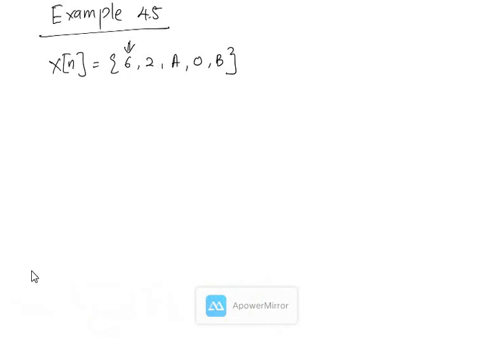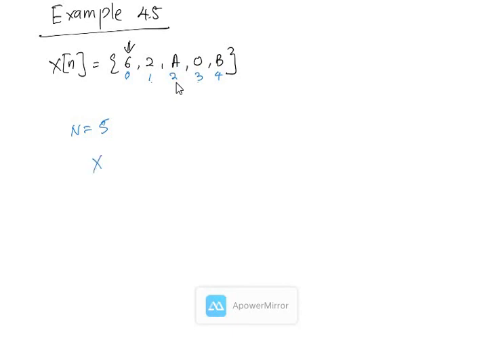So from here we know that n equals 0, 1, 2, 3, and 4. We have a total of N equal to 5, that is from 0 to 4. So by using the circular even symmetry, A is equal to x[2]. So this is the even.